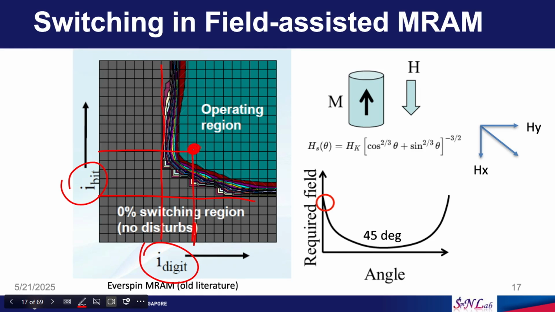Any current higher than this will definitely make the MRAM switch, but if you apply a digit current lower than this, it will not switch. So, only in this region the MRAMs can switch. These are the operating regions.